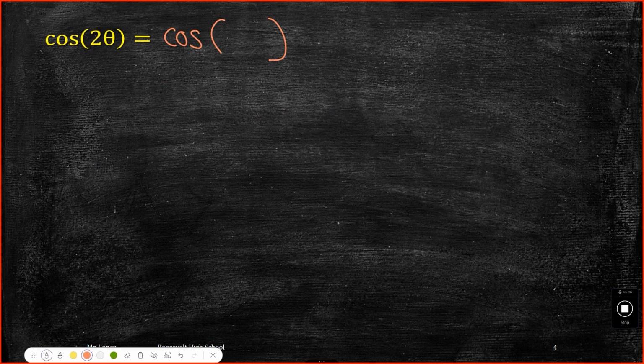Cosine of theta plus theta. So we got cosine 2 theta is cosine of theta plus theta. But then let's remember that identity that we did not prove. It says something like cosine of alpha plus beta.